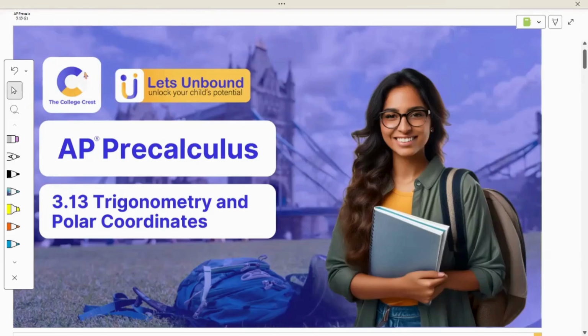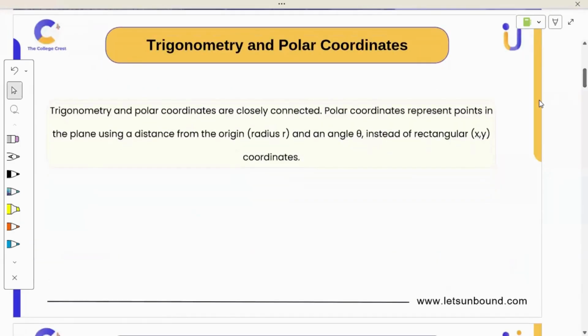So first, let's understand what trigonometry and polar coordinates are. They are closely connected. First, what is a polar coordinate? It represents points. We know coordinate geometry, where we learned about points x, y, like 1, 2. Polar coordinates are also a way of telling a point, where we use two things: one is the radius and the other is the angle.